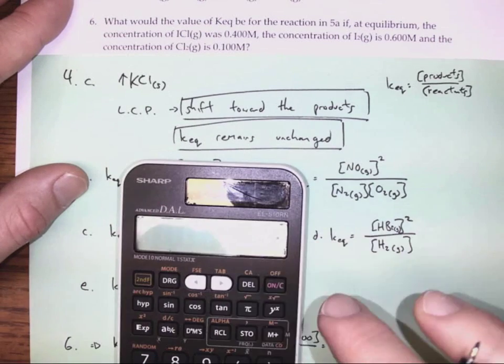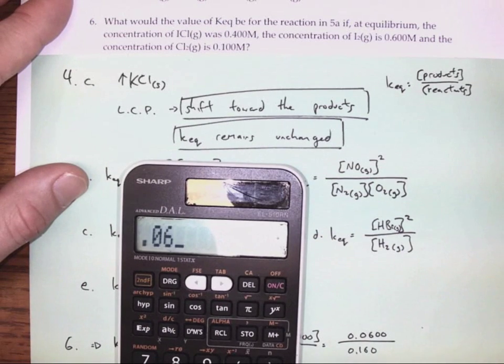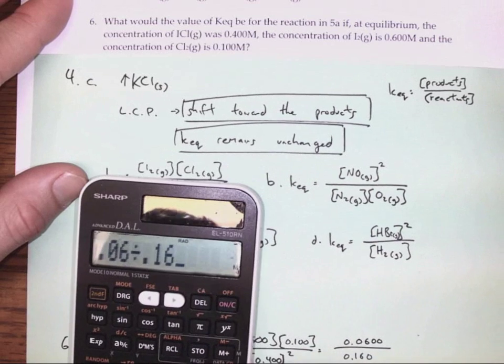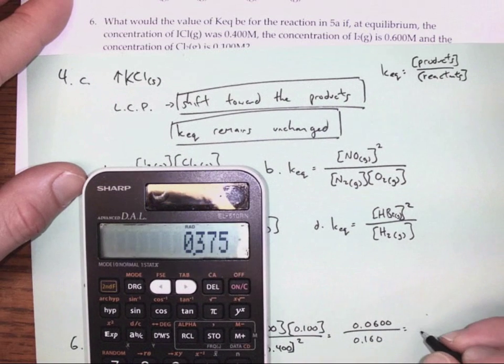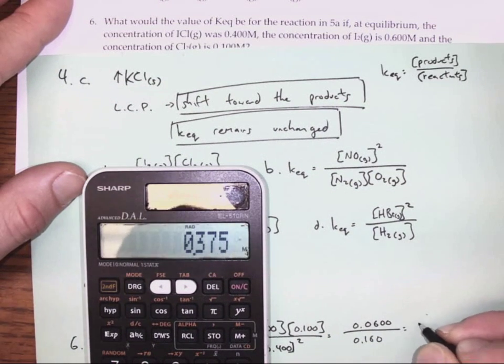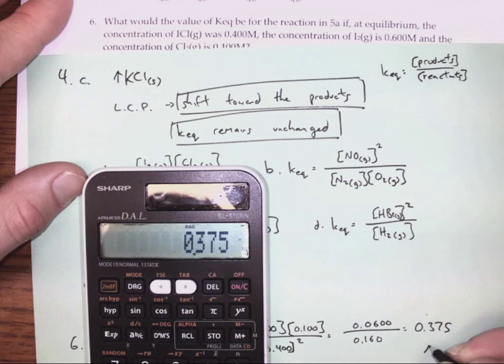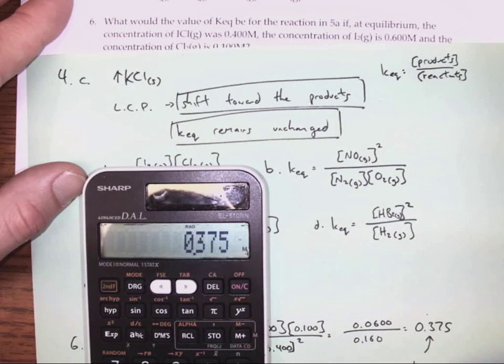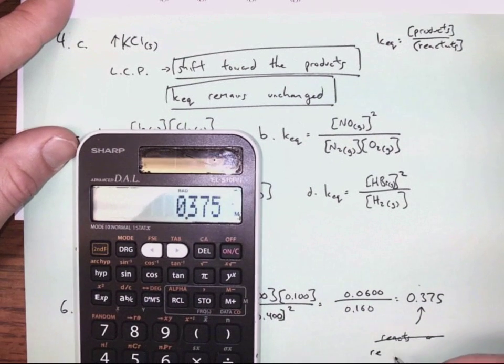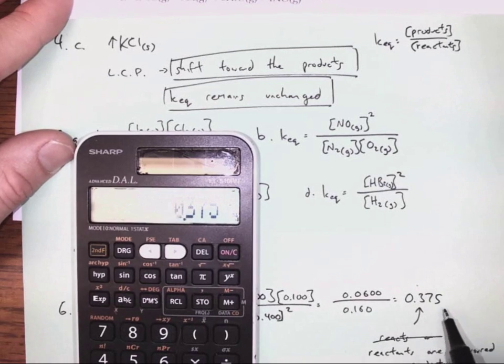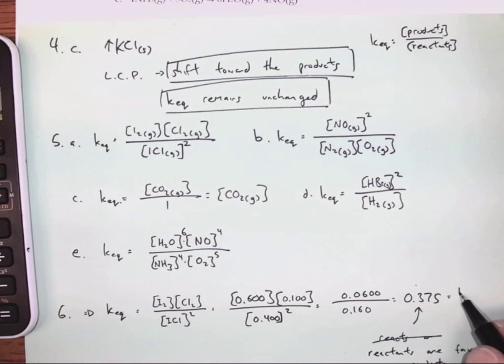And now I'm going to need a calculator, so I get 0.06 divided by 0.16, and I get a KEQ ratio of 0.375, meaning reactants are favored over products, because this is a KEQ value that is smaller than 1.